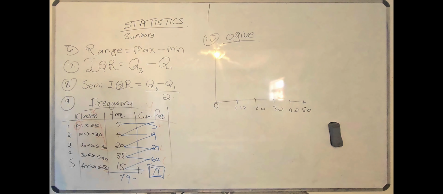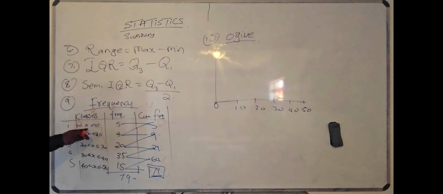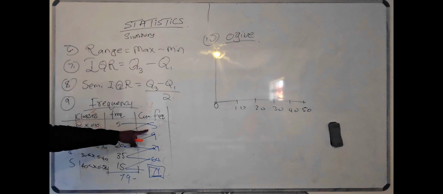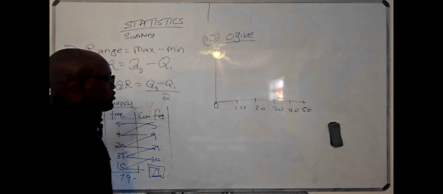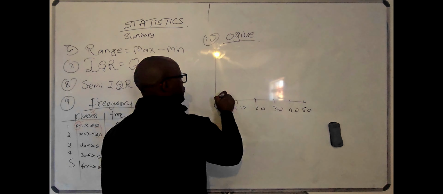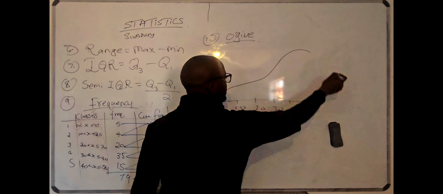Whatever the number is, it must always start with the first value. Even if it's 5, you start at 5. Please don't forget, because some will just start here at 10 and draw everything. Then what about this value here? Because this one goes with 5. Then you draw the ogive, it's going to look something like that.